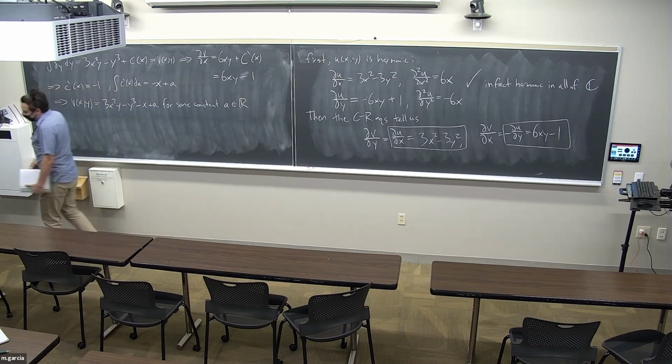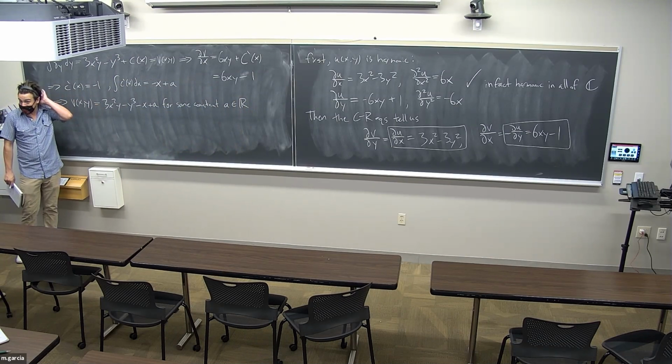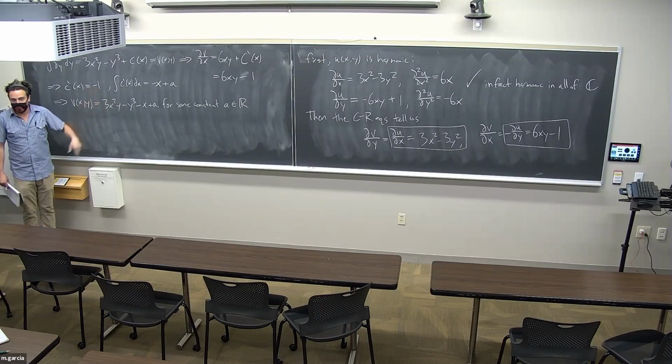That is to say, the harmonic conjugate is not unique. It's just like a general antiderivative or indefinite integral, right? It's a whole family of functions that serve as a harmonic conjugate for a given function. So any choice of a will do.